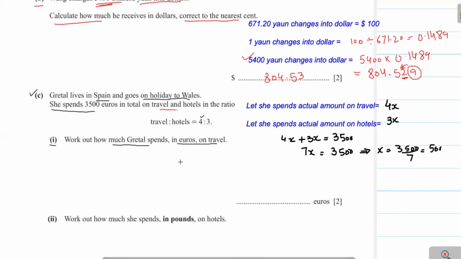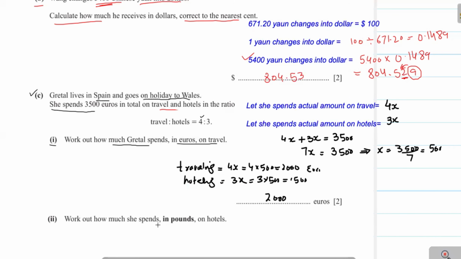She spent on traveling 4x, which is 4 into 500, is 2,000. And on hotels, that is 3x, which is 3 into 500 is 1500 euro. Here is how much Gretel spent on traveling: 2000 euro. And this is the answer.